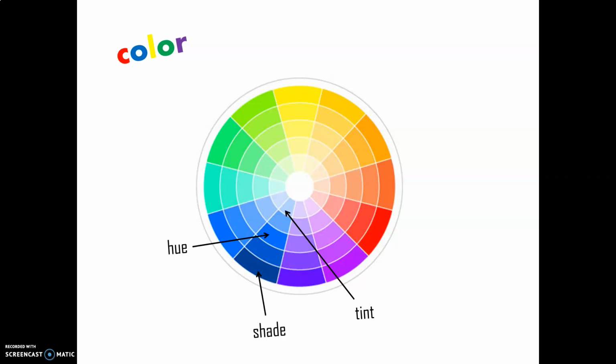Within the color wheel, it's going to have shades and tints of different hues. All of the tints and shades within a single hue are called a monochromatic color scheme. So if you only use those tints and shades, you are going to be having a monochromatic scheme.